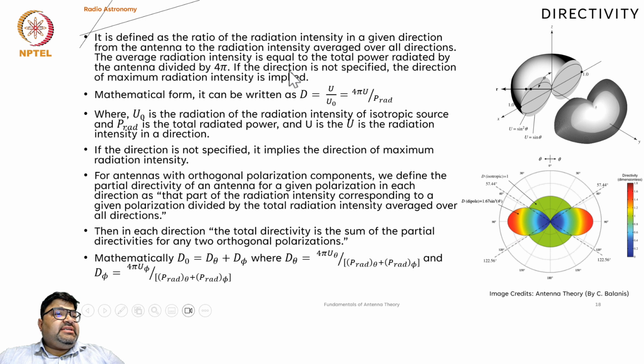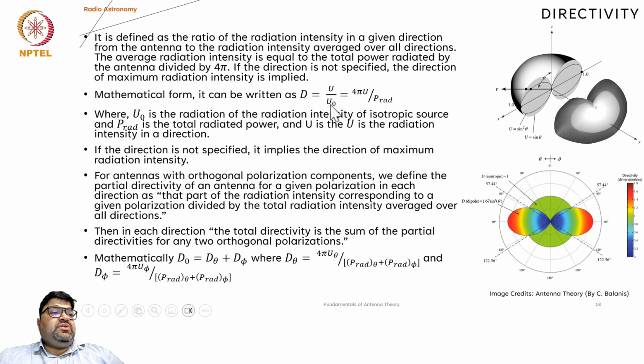Radiation directivity is defined as the ratio of the radiation intensity in a given direction from the antenna to the radiation intensity averaged over all directions. To make it simpler, the radiation intensity over the isotropic radiation intensity is equal to the directivity of the antenna.